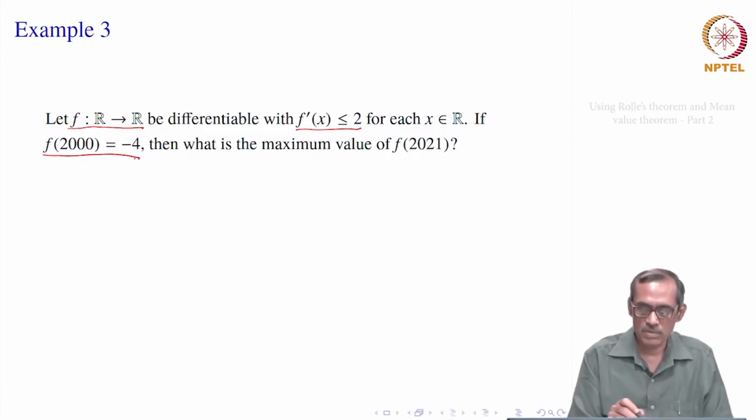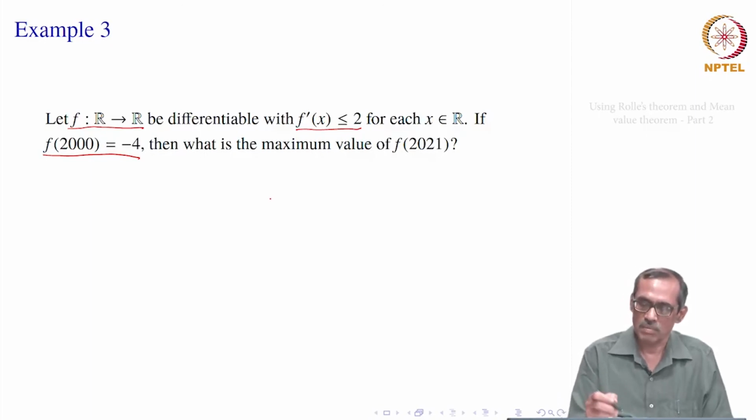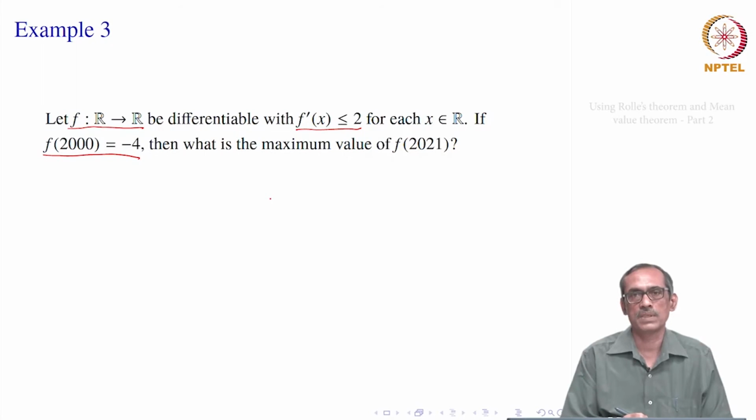So, you want to find out what would be the maximum value of f of 2021. Of course, it depends on the function, so we are really searching for a possible maximum value. We can never make it bigger by choosing our f.